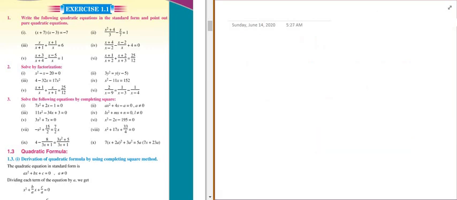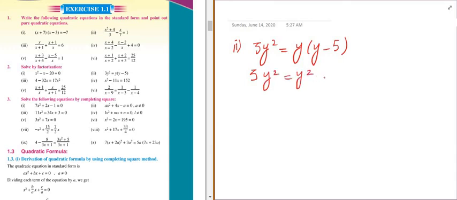Okay. Next there is part B, which is 3y square equals y into y minus 5. First convert this equation into the standard form of a quadratic equation. 3y square equals y square minus 5y. This becomes 3y square minus y square plus 5y equals 0.